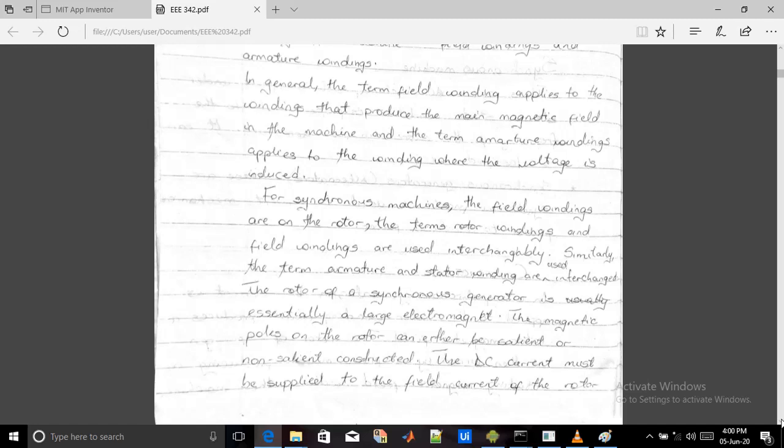Then the magnetic poles on the rotor can either be salient or non-salient constructed. Now, what we mean by salient constructed and non-salient constructed is in the construction of a rotor. It is stated that a rotor is a large electromagnet.